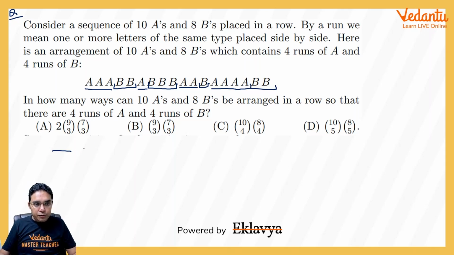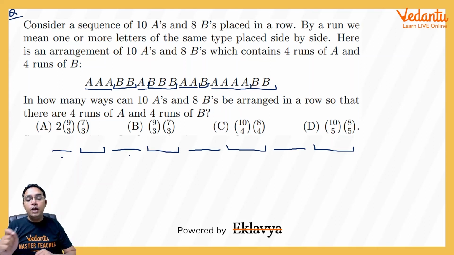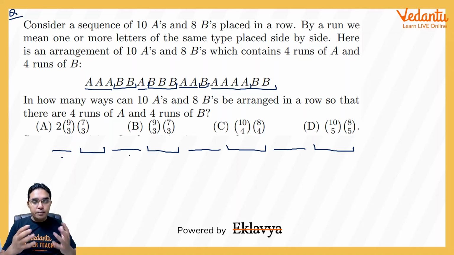So my first run of A, let us say, is here, then first run of B, then second run of A, second run of B, then third run of A, third run of B, then fourth run of A and fourth run of B. Now we have to place A's and B's in these places so that the number of A's is 10 and the number of B's is 8. I think this question can be done very easily with the help of distribution of alike objects, which we popularly know as the beggar coin method.